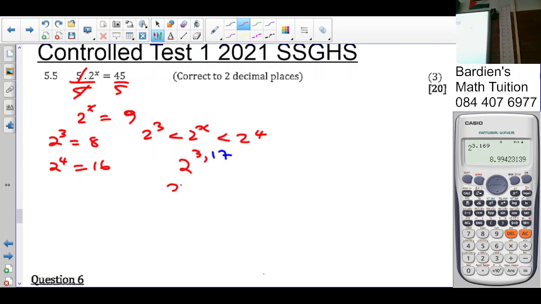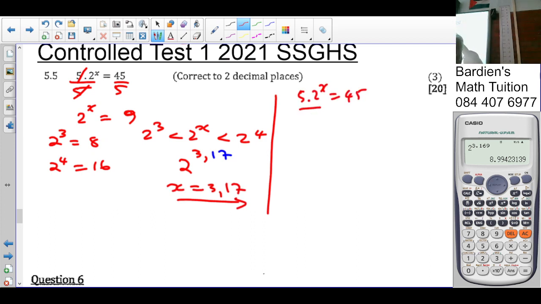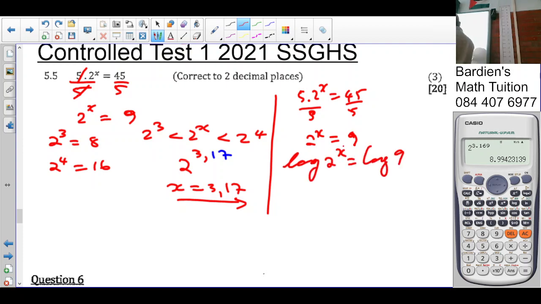Otherwise, if you apply the logs, okay, so firstly is 5 times 2 to the x is equal to 45. You divide by 5 both sides. So 2 to the x is equal to 9. So we will log both sides. So it's going to be log 2 to the x is equal to log 9. So that goes forward, not so. So it's x log 2 equals log 9.